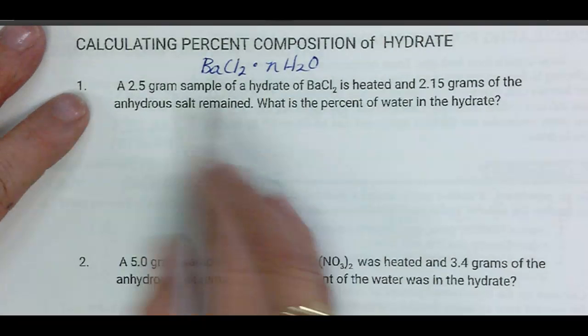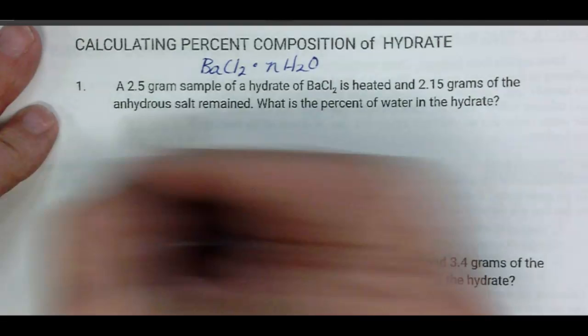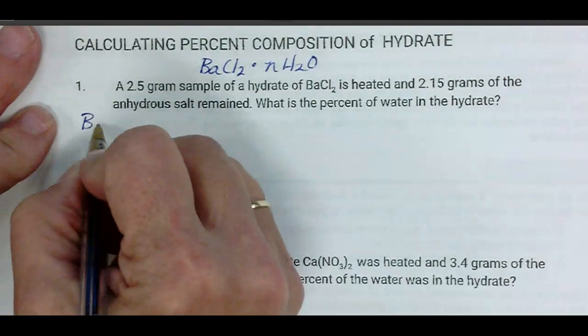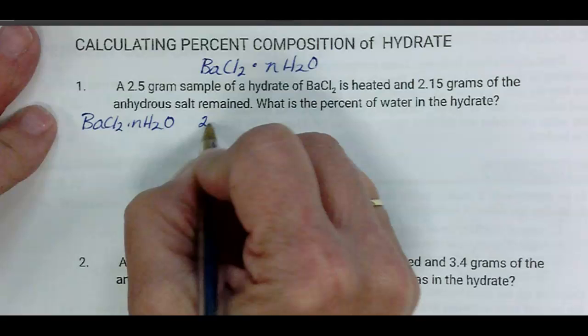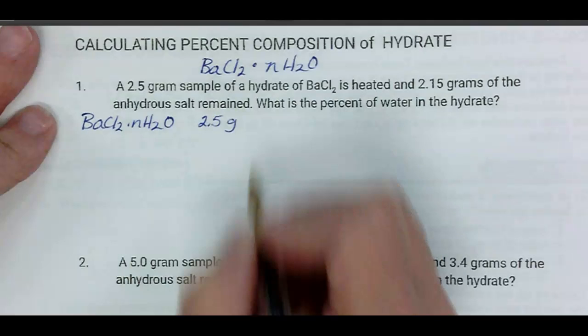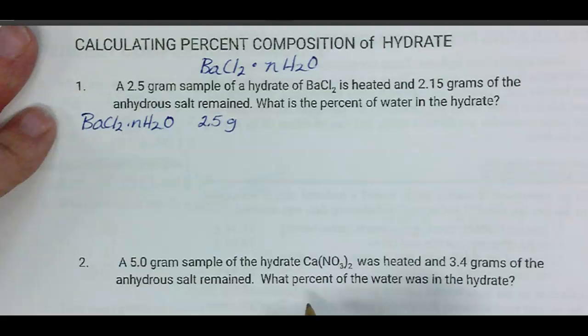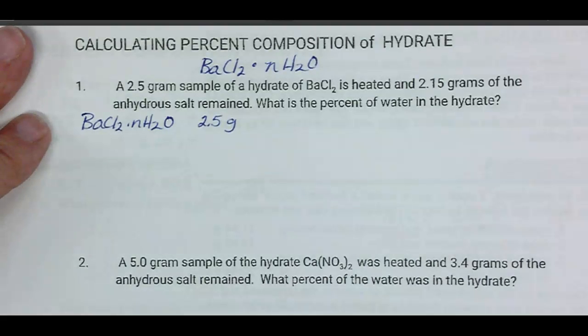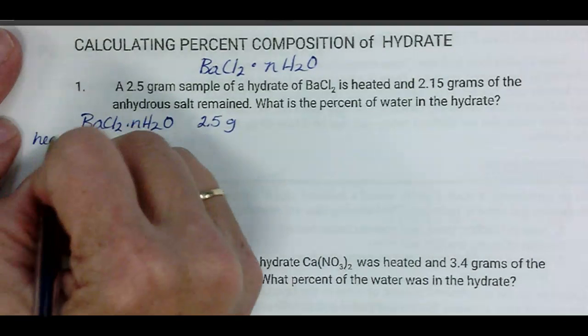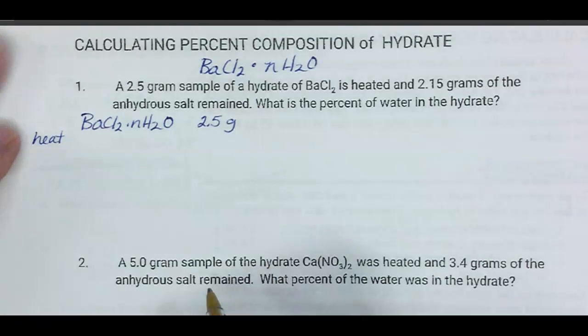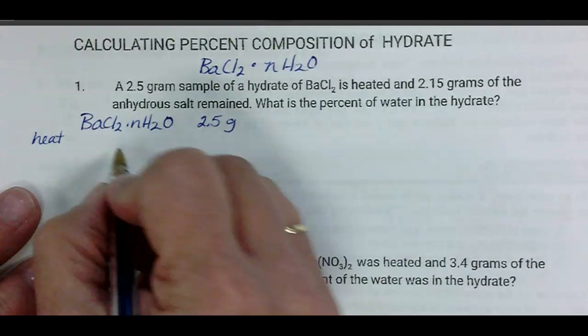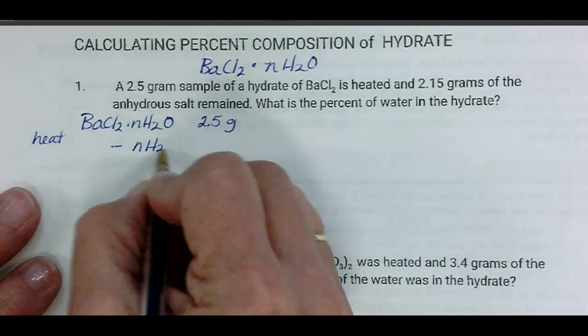But it does tell us that the barium chloride hydrate weighs 2.5 grams. So I do know that to be true. And then it says that I heat it. So I heat it, and when I heat it, what happens is that I get rid of the water.